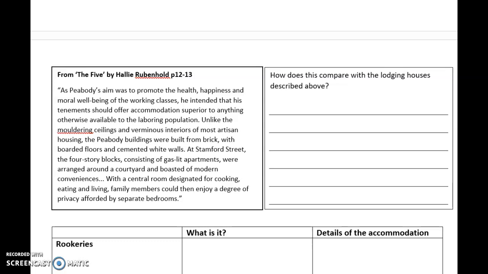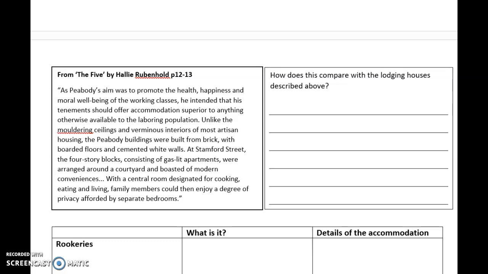Rubenhold states, "As Peabody's aim was to promote the health, happiness and moral well-being of the working classes, he intended that his tenements should offer accommodation superior to anything otherwise available to the labouring population. Unlike the mouldering ceilings and verminous interiors of most artisan housing, the Peabody buildings were built from brick, with boarded floors and cement white walls.